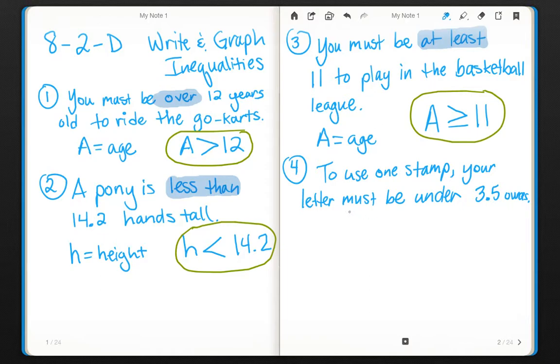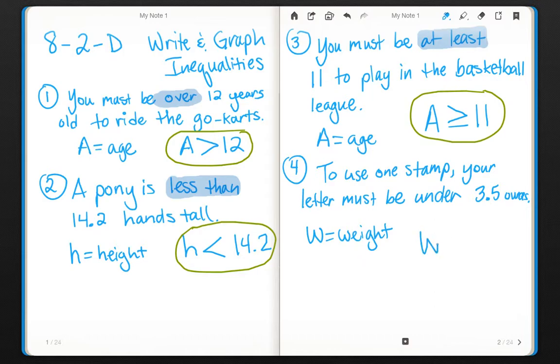Okay, so hopefully to use one stamp, your letter must be under 3.5 ounces. We don't know how much the letter costs that you're going to mail. So we could do maybe the weight of the letter. You could do maybe L for letter or something along those lines. I'm going to do W for weight.